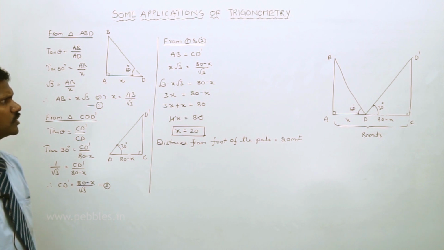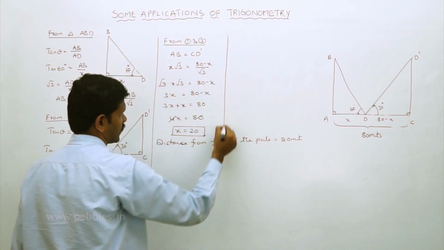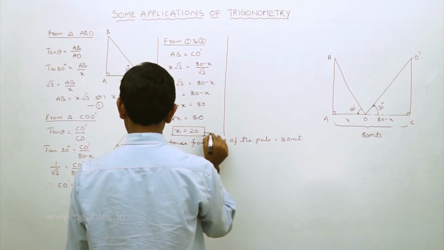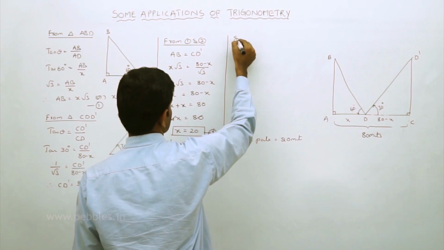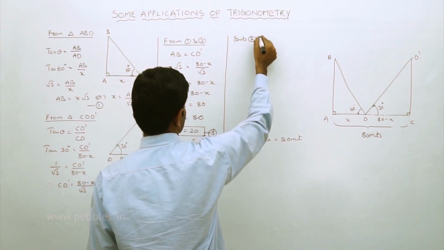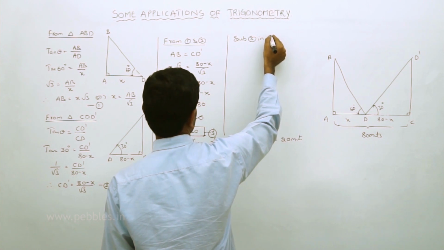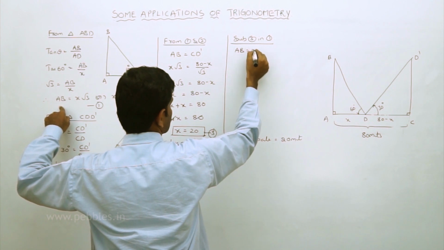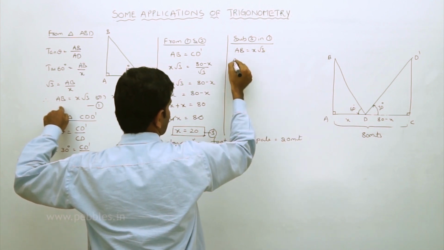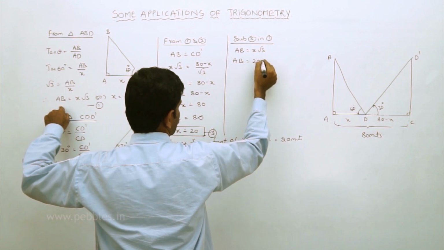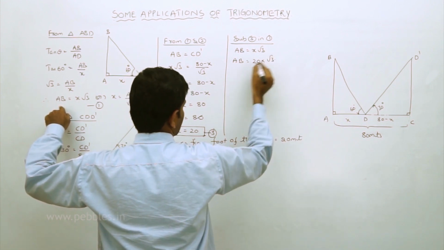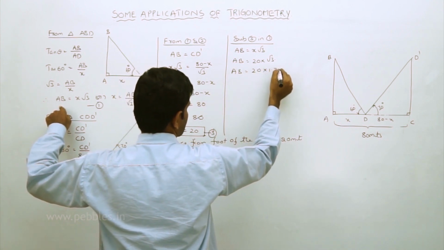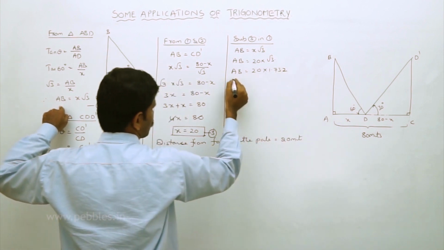Now we have to find out the height of the equal pillar. This is equation 3. Substitute equation 3 in equation 1, that is AB is equal to x root 3, so AB is equal to 20 into root 3. AB is equal to 20 into 1.732.